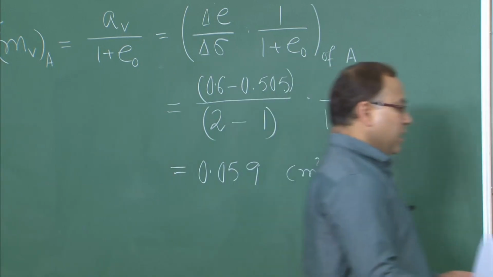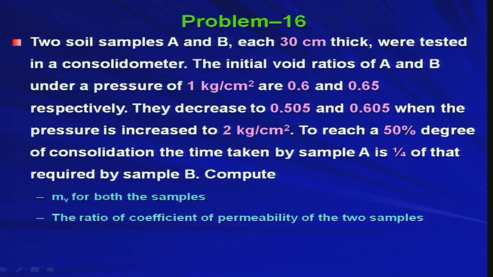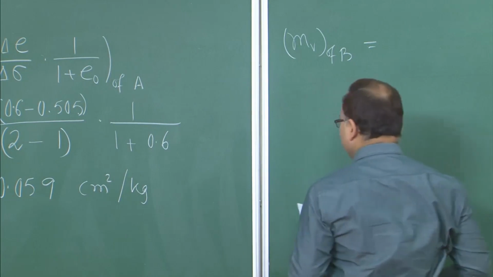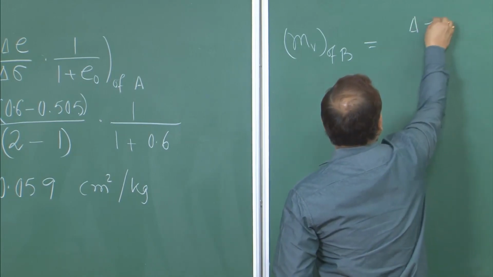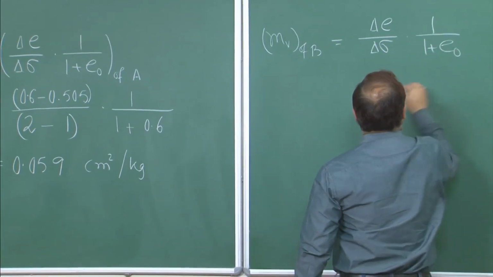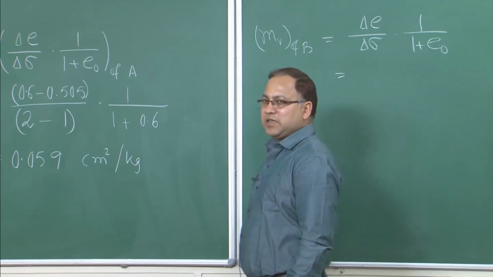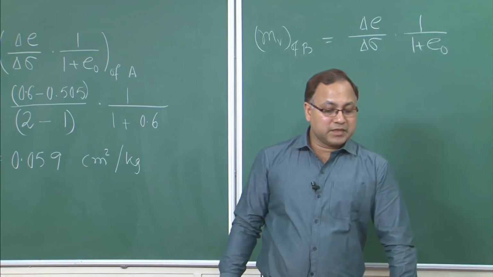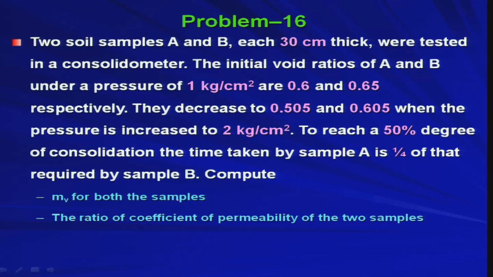Now, similarly, I can find out the MV for sample B. MV of B is equal to the same thing, delta E by delta sigma into 1 plus E naught. If you go back to the problem, E naught was 0.65 for B and it comes down to 0.605 with the increase in pressure.